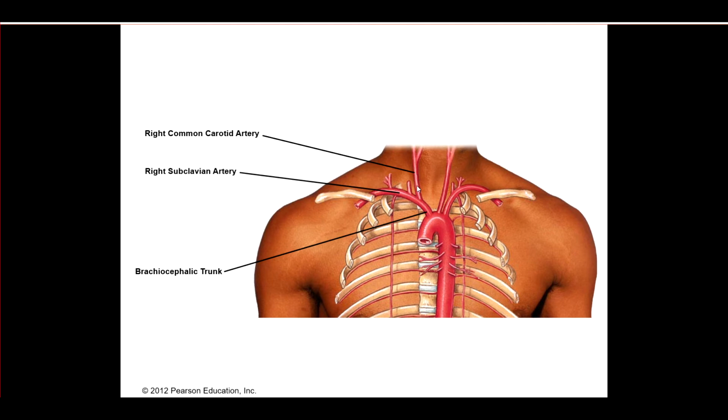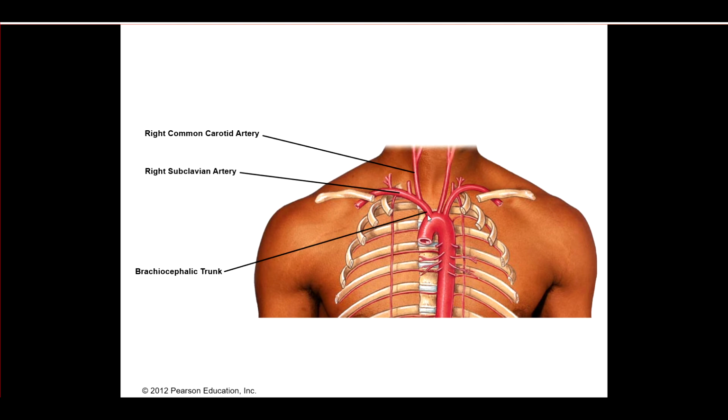So if you look, even though things didn't come off symmetrically here, eventually everything is symmetrical. We end up with a right subclavian, left subclavian, right common carotid, left common carotid. Let's dissect this word brachiocephalic for a minute. Brachio means arm, cephalic means head.